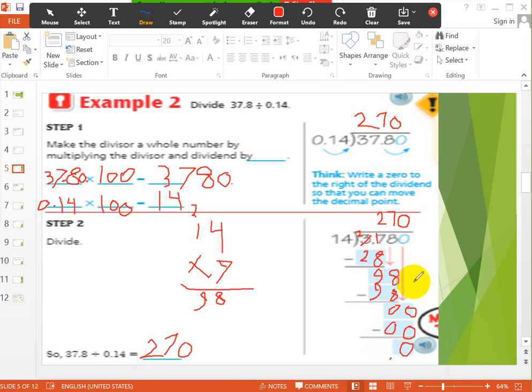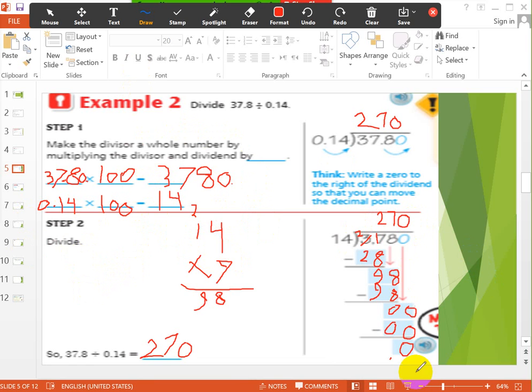Which exercise or which step here didn't you understand? Who didn't understand something? Which step, please? Division, or when we remove the decimal point? The first step or the second one?